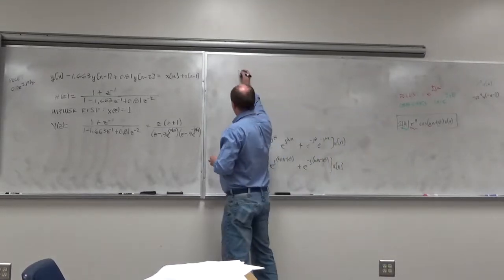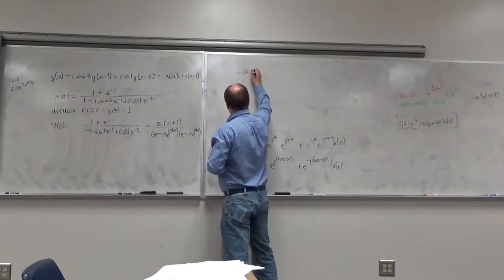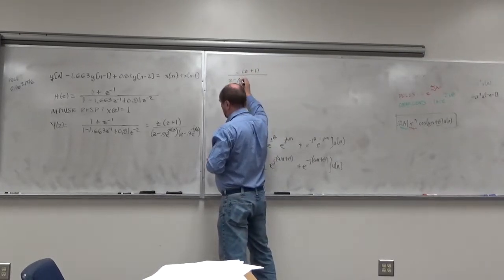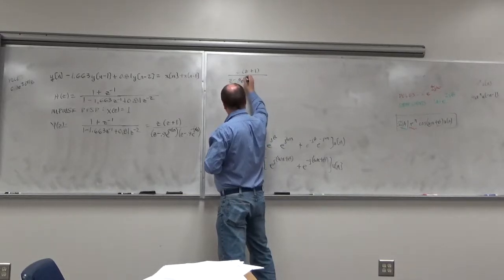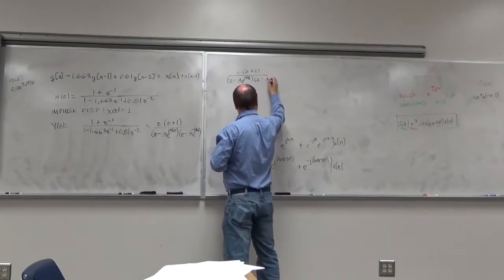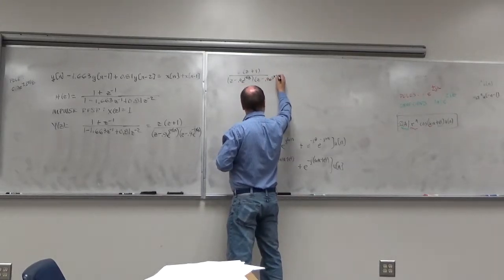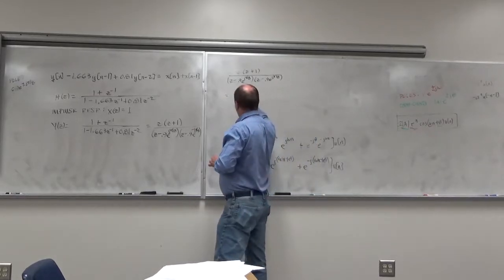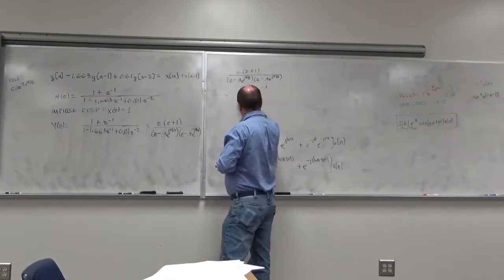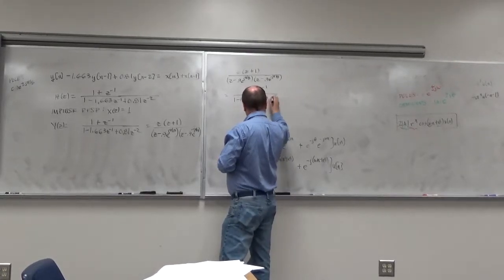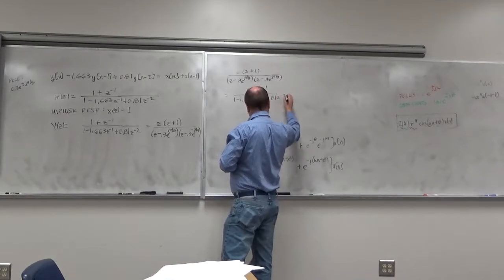So I have z times z plus 1 over z minus 0.9 e to the j pi over 8 and z minus 0.9 e to the negative j pi over 8. But I'm going to go backwards here. What I've got is 1 plus z to the minus 1 over 1 minus 1.663 z to the minus 1 plus 0.81 z to the minus 2.